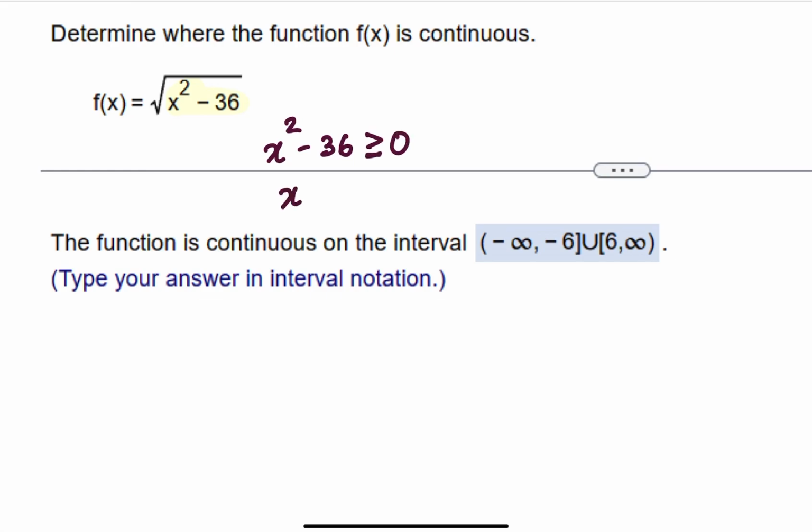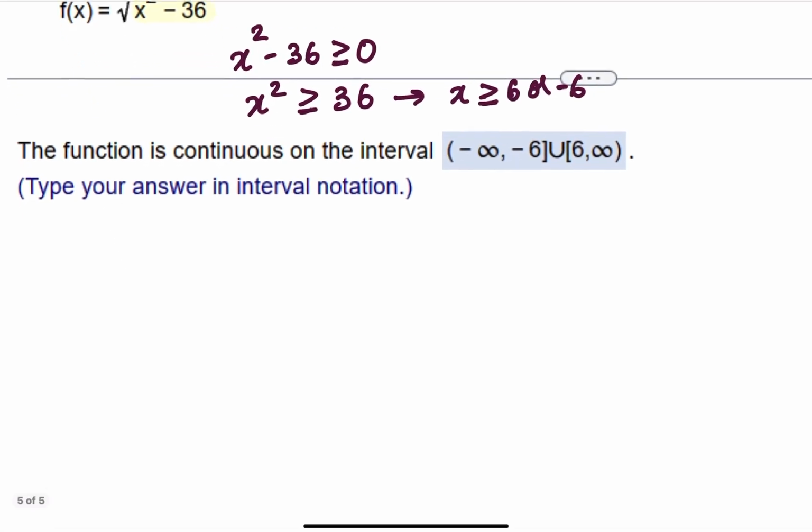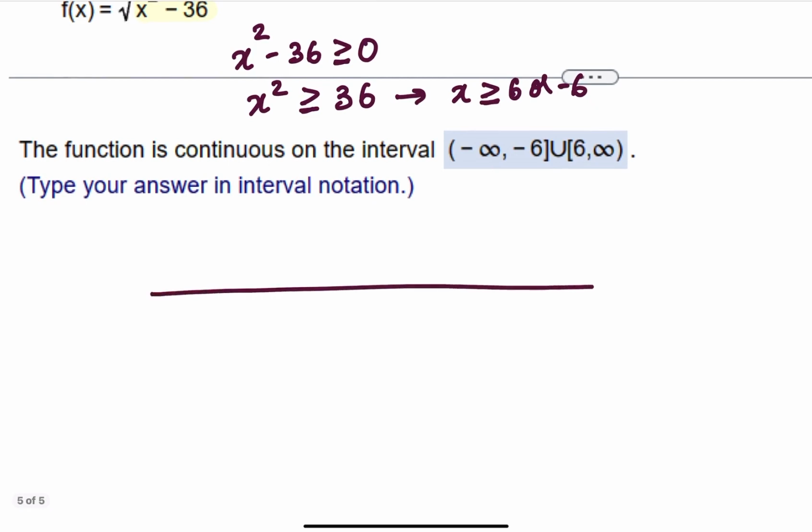That means x squared has to be greater than or equal to 36. That means x has to be greater than or equal to +6 or -6. Okay, how does that work? On my number line, this is -6 and this is +6.